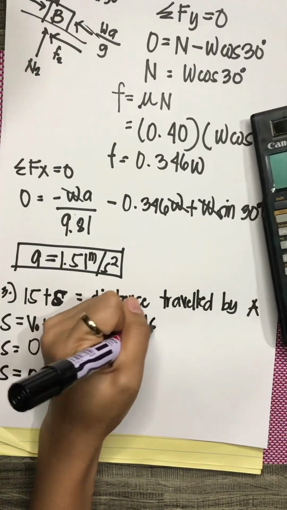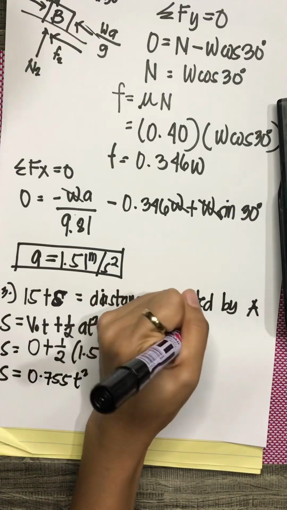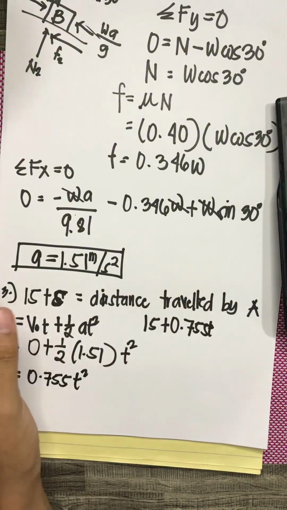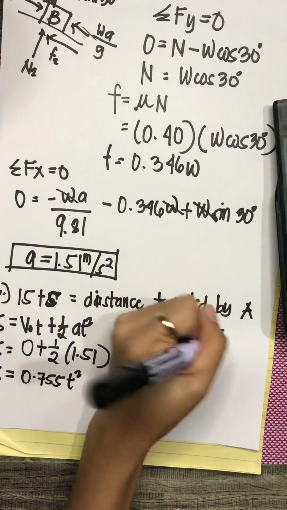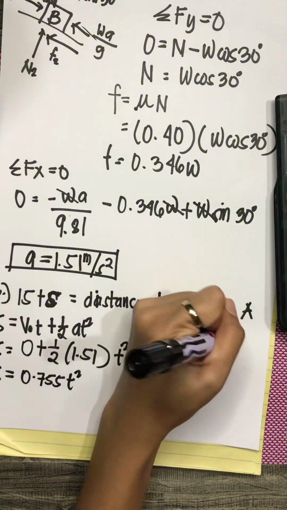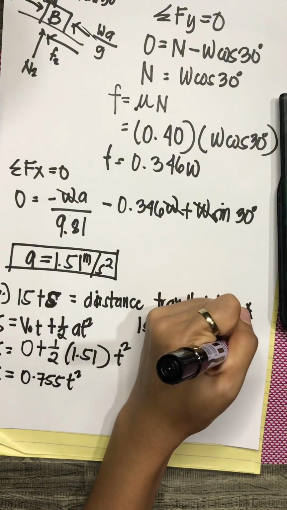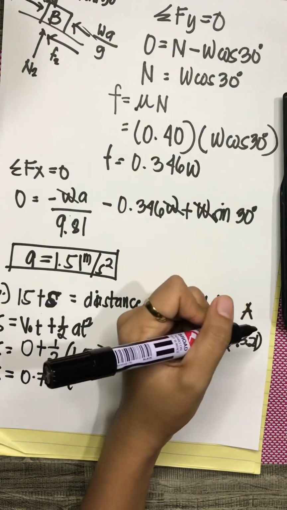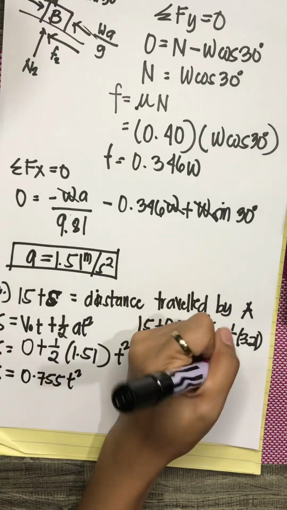Then we substitute the S. So 15 plus 0.755 t squared equals 1/2 of the acceleration of 3.21 in block A, then t squared.